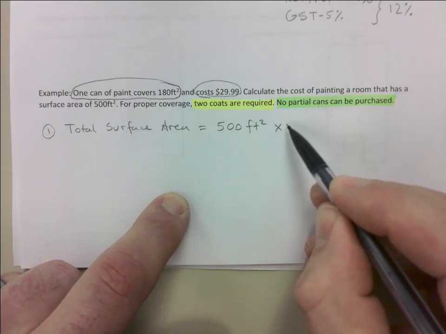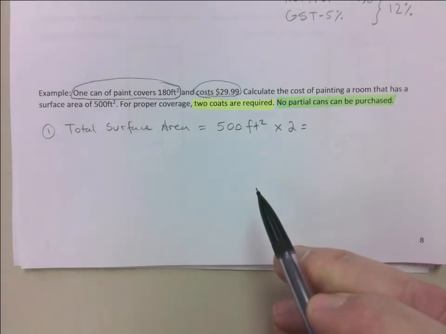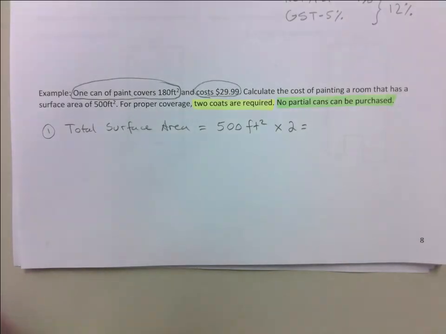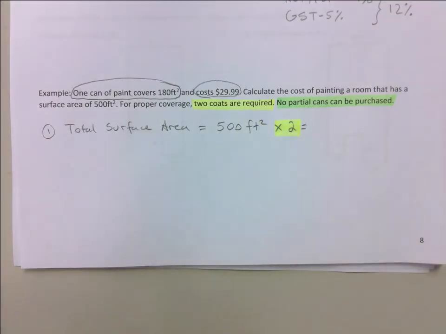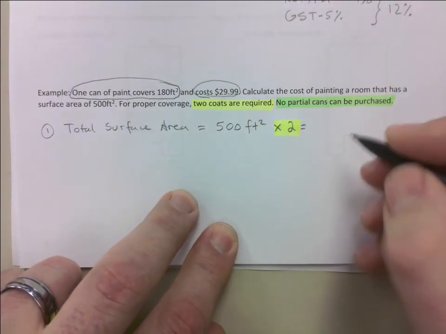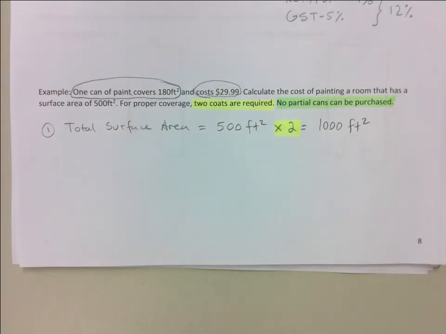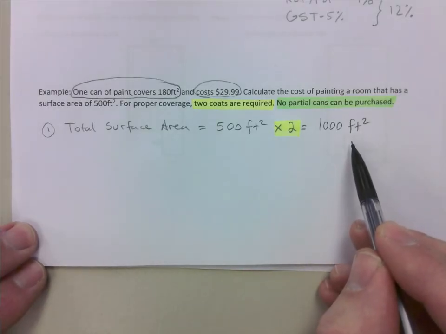So if you do the math to come up with the square feet of the room, you then have to multiply it by the 2 coats. I use the same color as my coats. So it's as if you're painting 1,000 square feet. This is important, but it's not our final answer.